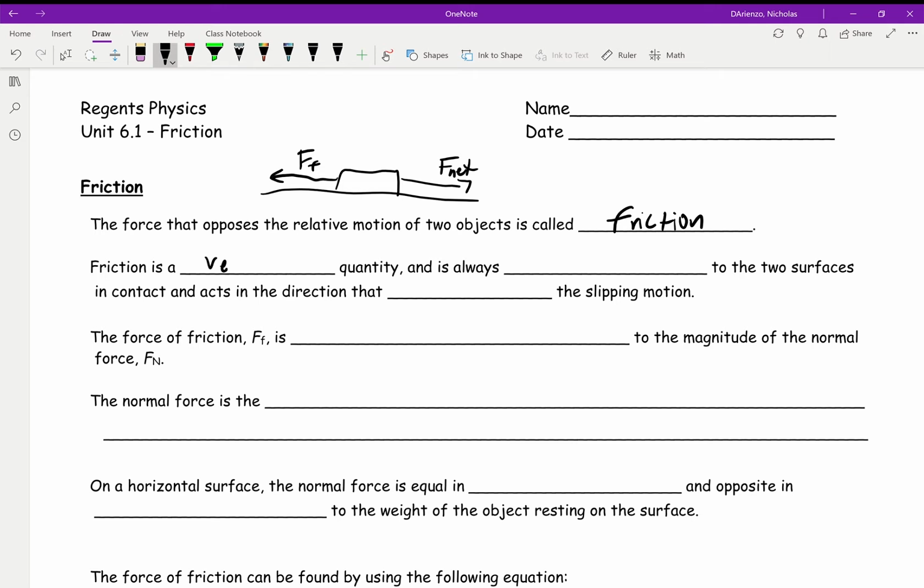As I said, friction is a vector quantity, and it is always going to be parallel to the two surfaces that are in contact. And as you can see from the diagram there, it's going to act in the direction that opposes the slipping motion.